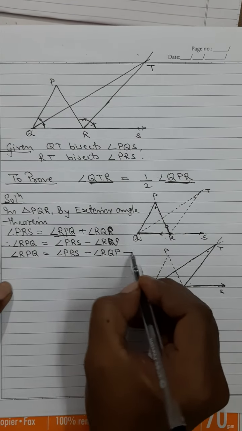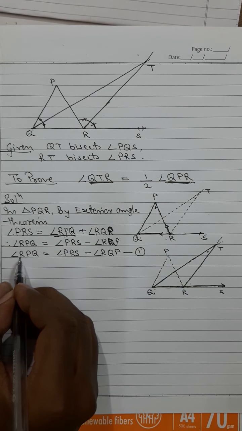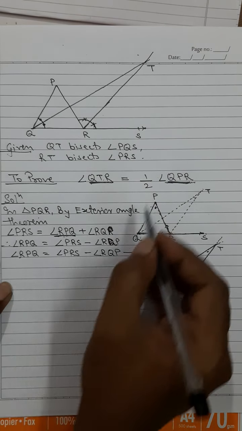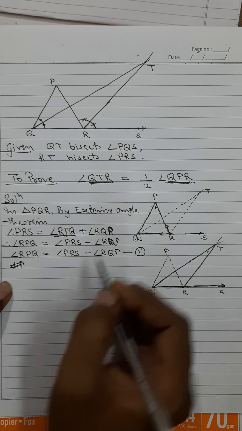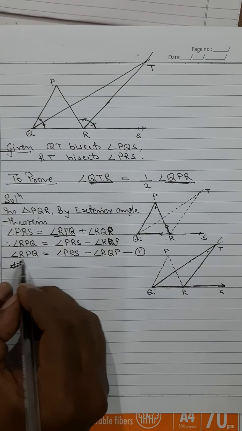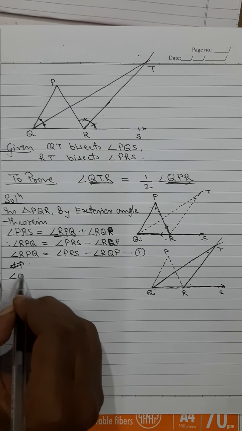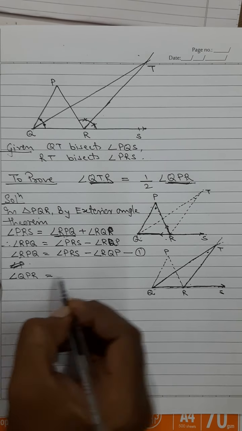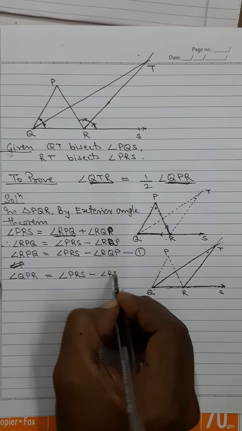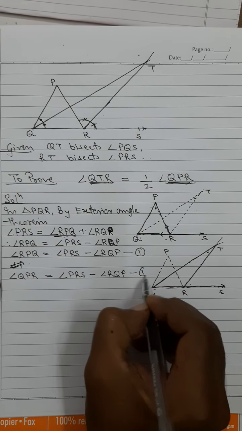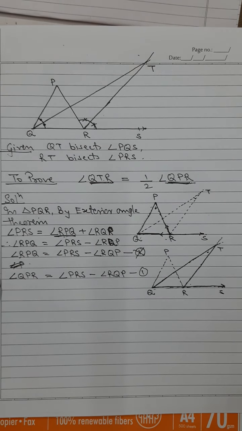So this is an expression that I have got for angle QPR. If you want, angle QPR is equal to angle PRS minus angle RQP. This will be first, just to not have any confusion.